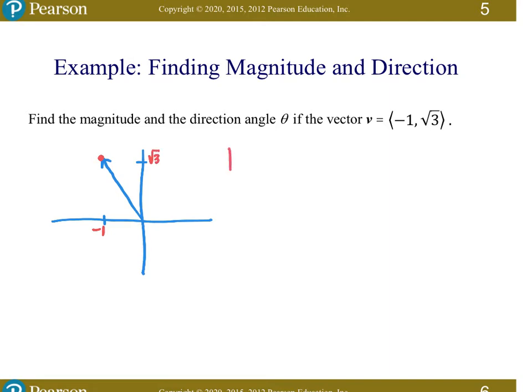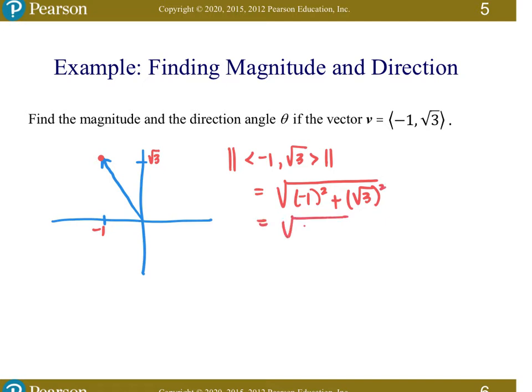Okay, so the magnitude of the vector is pretty easy to calculate. That would be the square root of the component -1 squared plus the component root 3 squared. So not too hard. 1 plus 3, so our magnitude is 2.